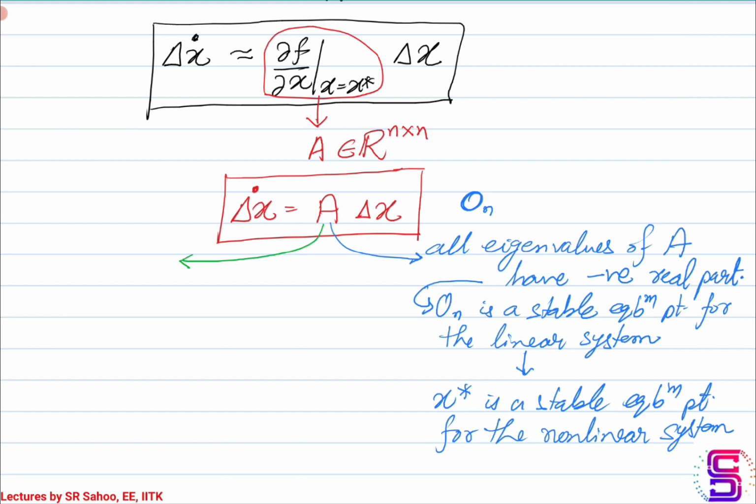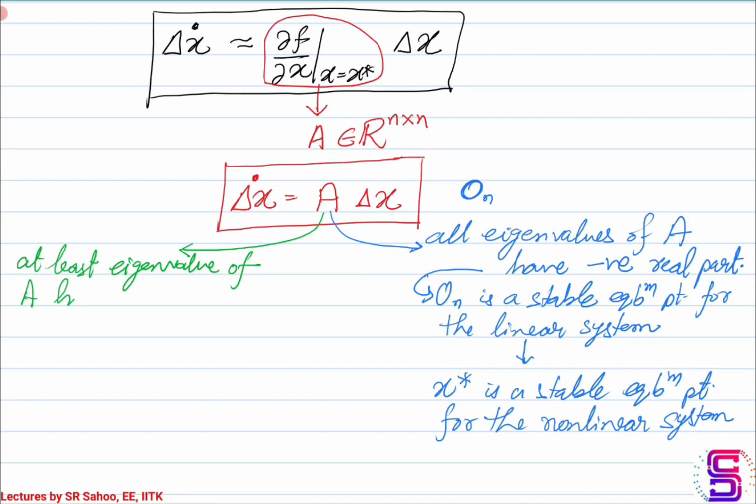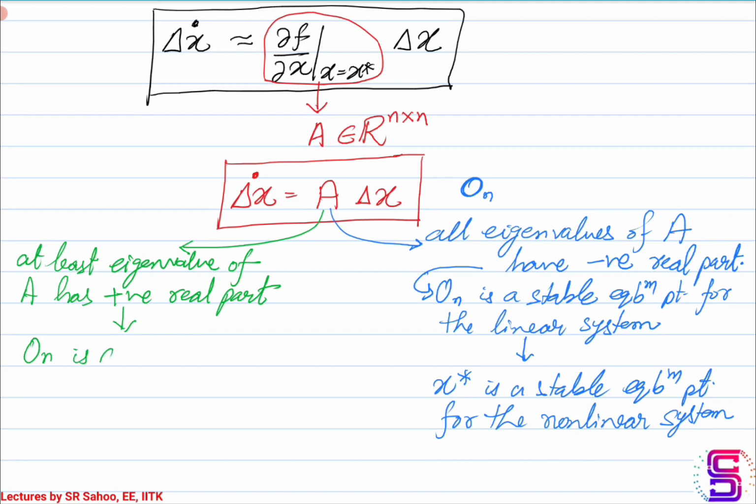If, let's say, at least one eigenvalue of A has positive real part, then it means 0 is an unstable equilibrium point for the linear system.